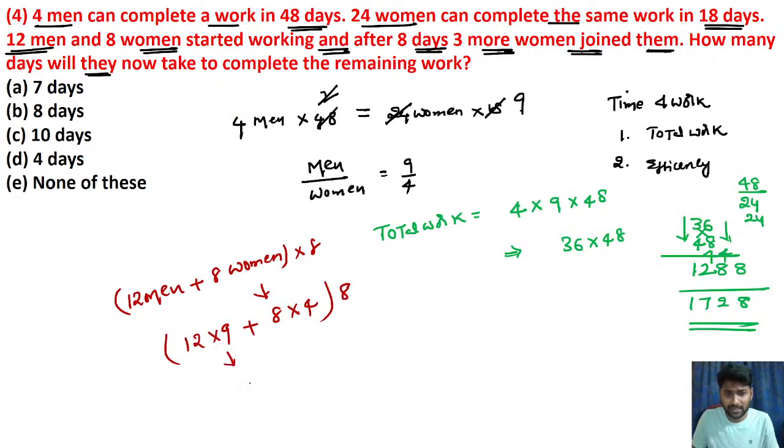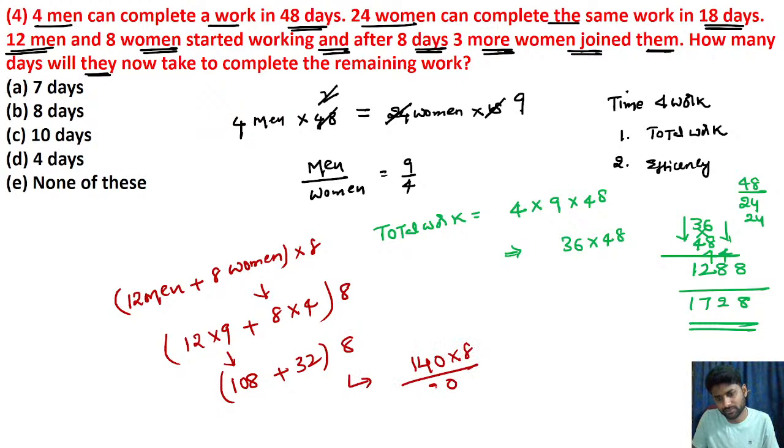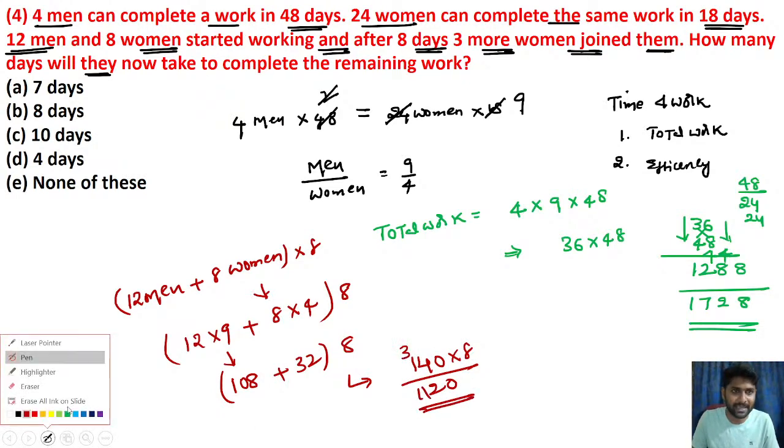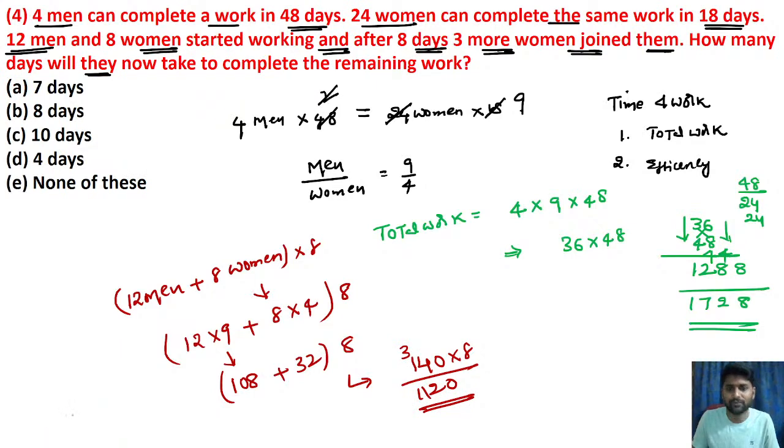So 9 twos are 18, it's a total value of 108 units. 8 fours are 32, and the total value becomes 140 into 8. So 1120 units are already completed by 12 men and 8 women in 8 days.